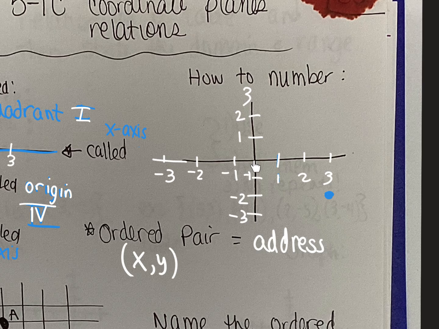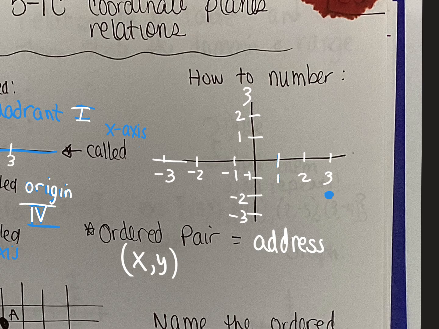Starting at the origin, we would start at Genesis before we start flipping through the Bible. So we're going to start at 0, 0. And we're going to go sideways, then maybe up, maybe down. We're always going to go left to right, then up, vertical, or down.